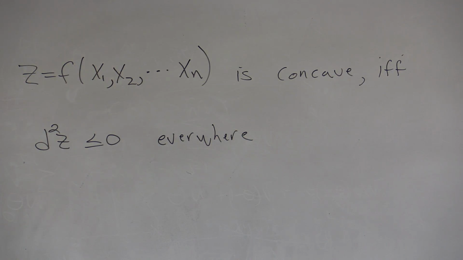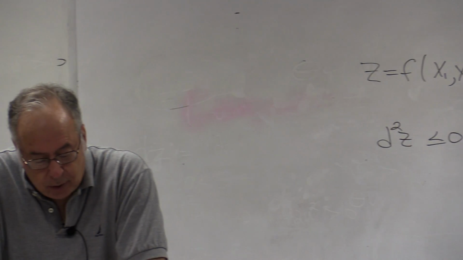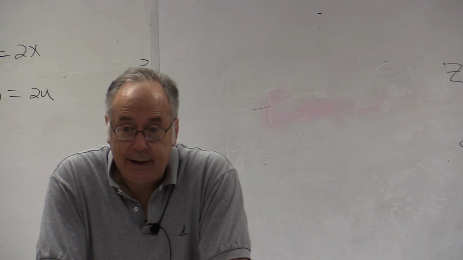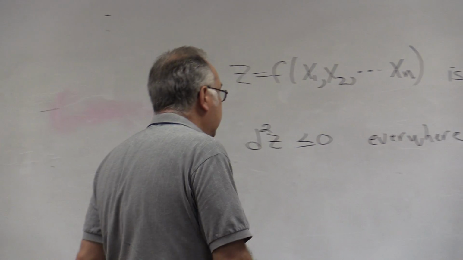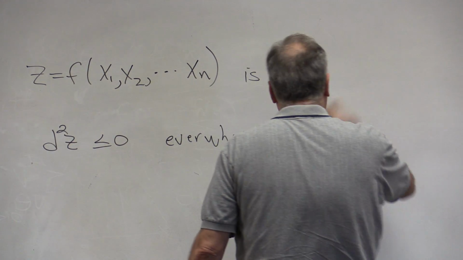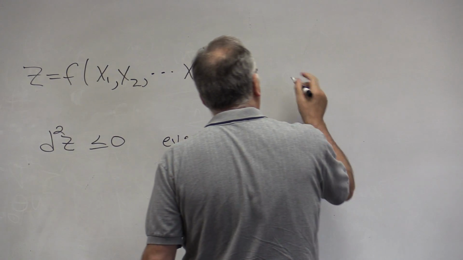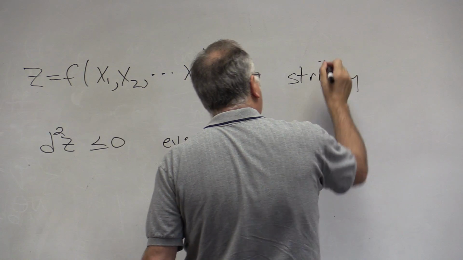Okay. Then let's read the next part. The said function is strictly concave if the second order total differential is everywhere negative definite. So you could say Z is strictly concave, and this is usually what you use.